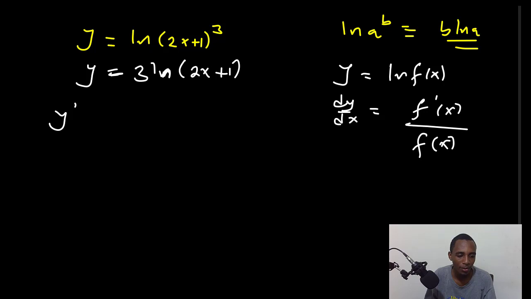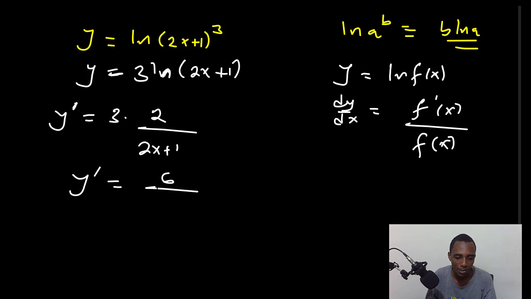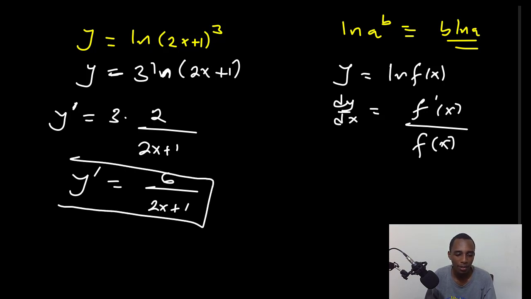The first derivative: 3 is a constant, I'll just leave that there. The derivative of 2x plus 1 is just 2, divided by the original function, which is 2x plus 1. So y prime is essentially 6, 3 times 2, divided by 2x plus 1. So there we go.